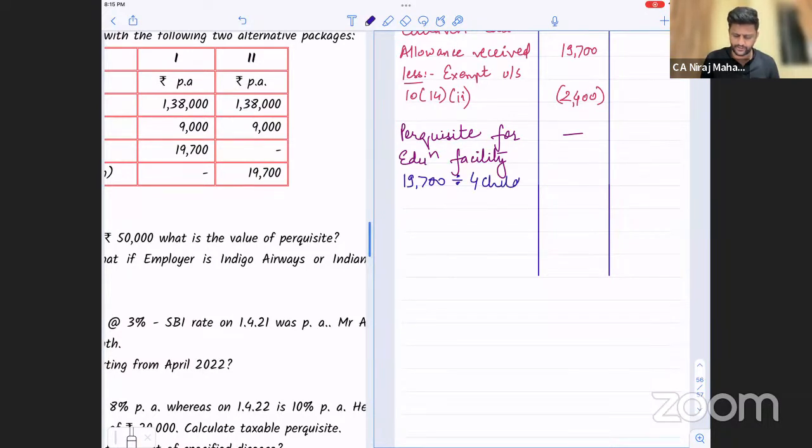Divided by 4 children and divided by 12 months, it comes to rupees 410. Good, 410 we will take. Rupees 410 per month per child is less than rupees 1000.